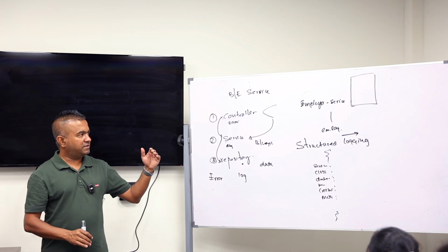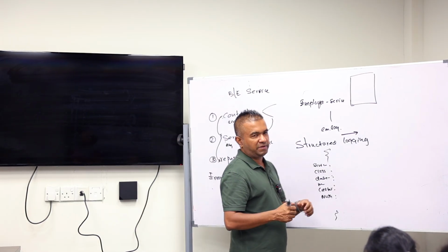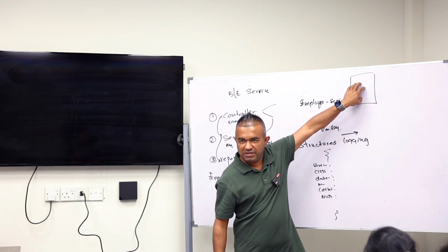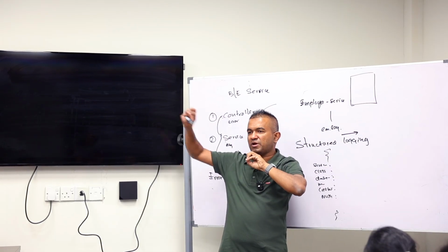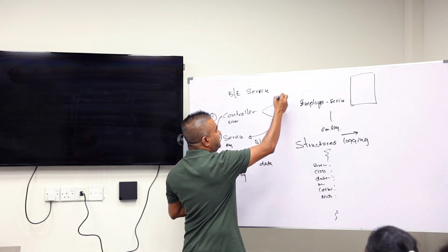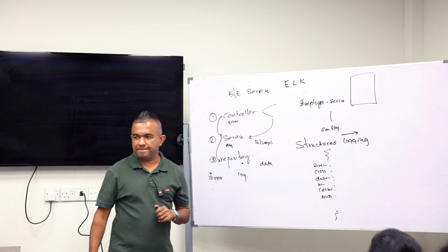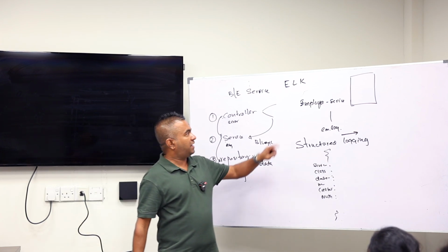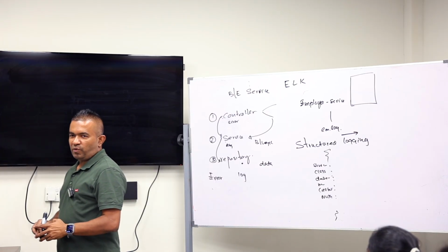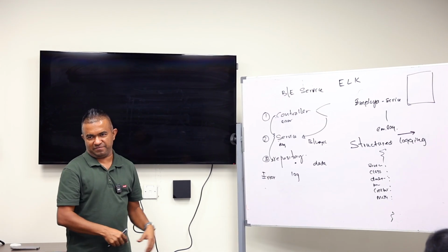Then we have something like Fluent Bit or Filebeat. These are tools that can collect the logs and ship them somewhere, right? There is a stack called ELK, right? Elastic, Logstash and Kibana. What that does is collect the logs and ship them somewhere.